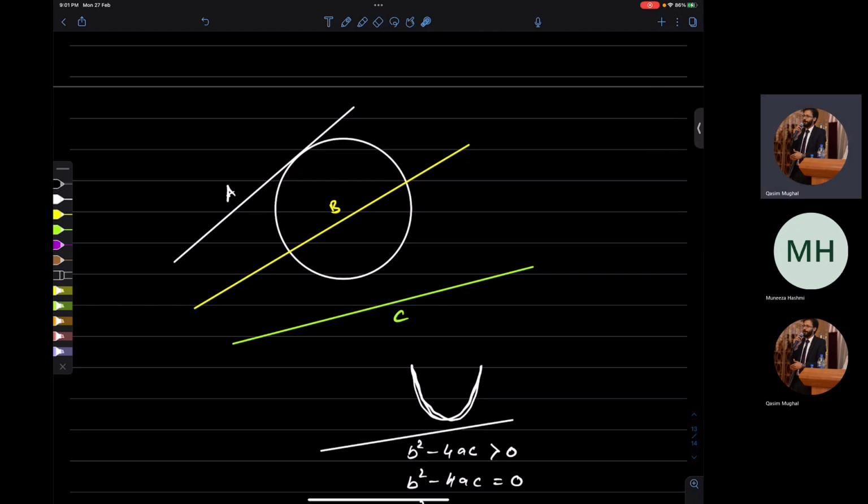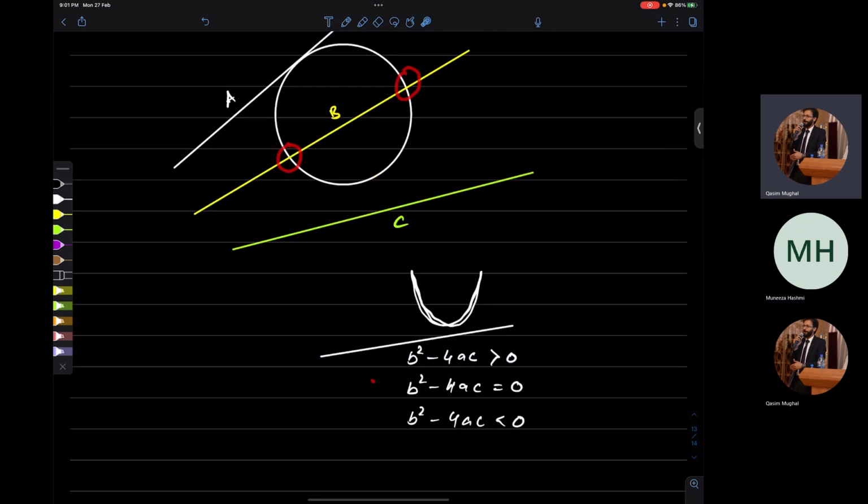And if you're trying to prove whether it is a tangent or not, and at the end you get two distinct solutions, or you can work that out, instead of solving it completely you can directly apply the discriminant test.